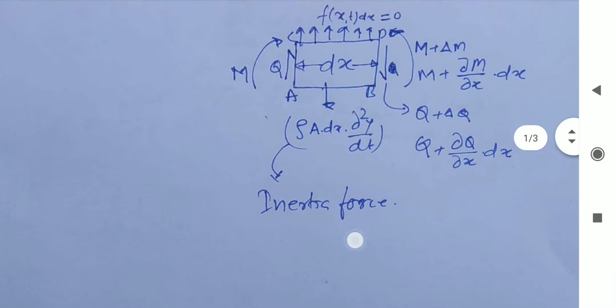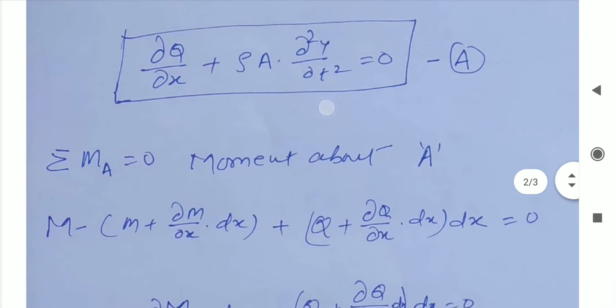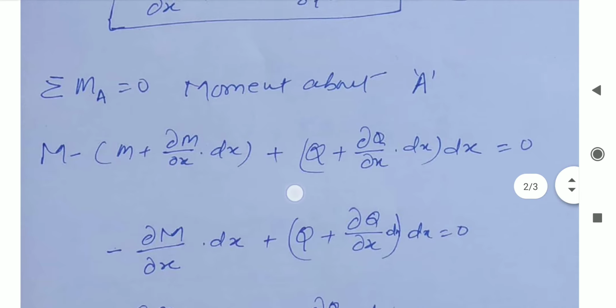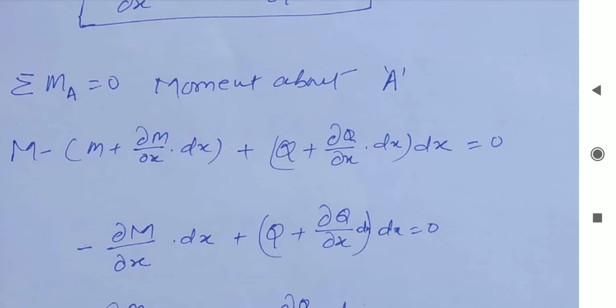So accordingly we write the moment about A. M is at the face AC, taken with a minus sign because clockwise is positive here, and the moment at BD is M plus del M upon del x into dx, which is anti-clockwise, so negative, plus Q, the shear force acting in the downward direction, which is also a clockwise moment.